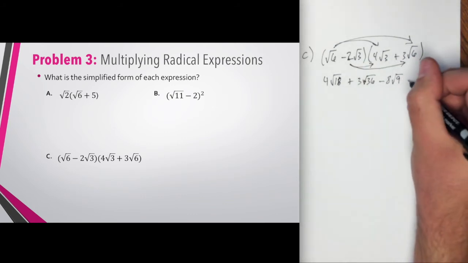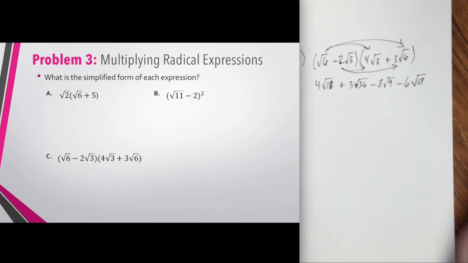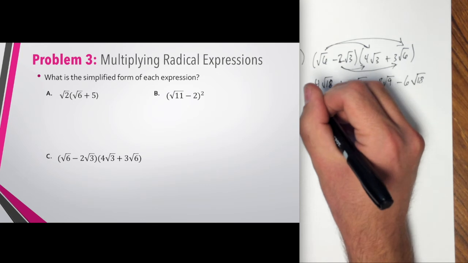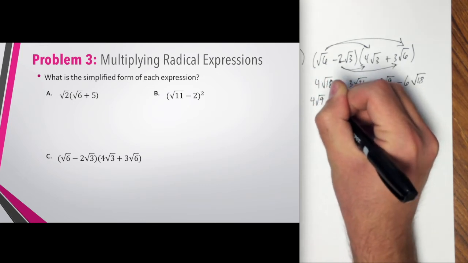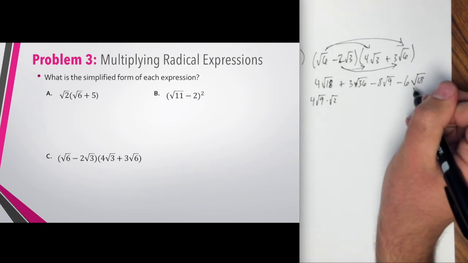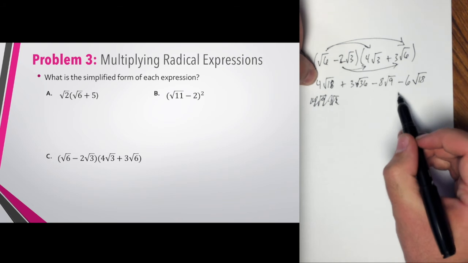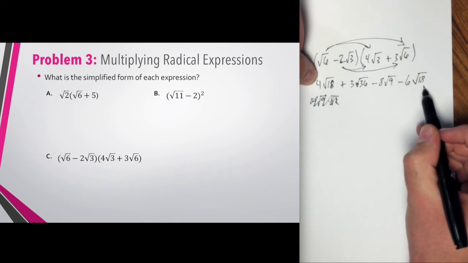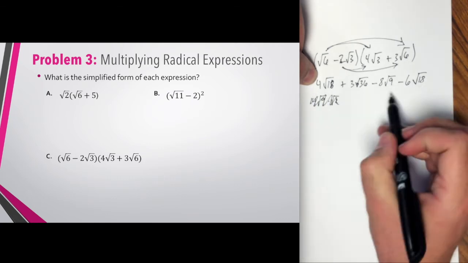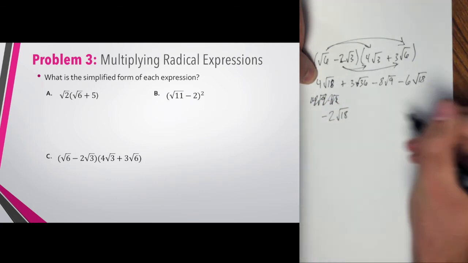And last would be negative 6 square roots of 18. Simplify anything you can. Actually, 4 square roots of 18 and negative 6 square roots of 18 can combine because they're like radicals. So 4 minus 6 makes negative 2 square roots of 18.